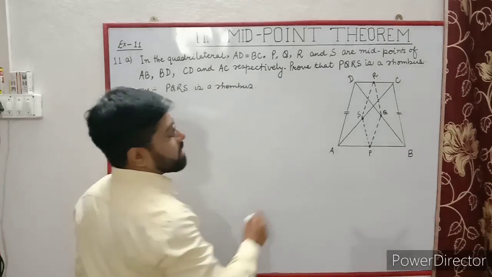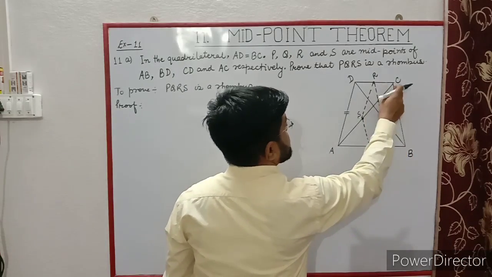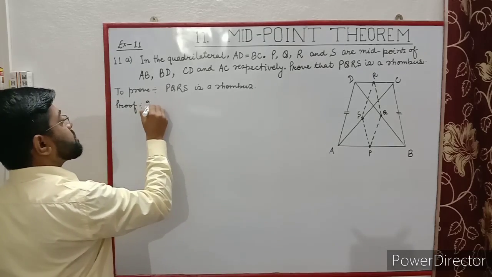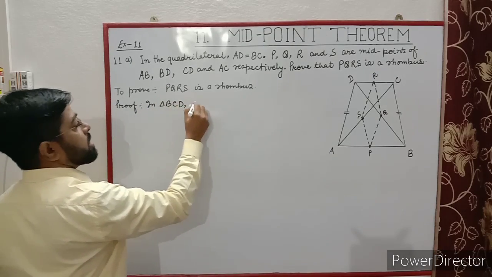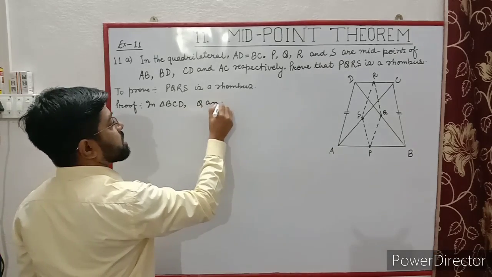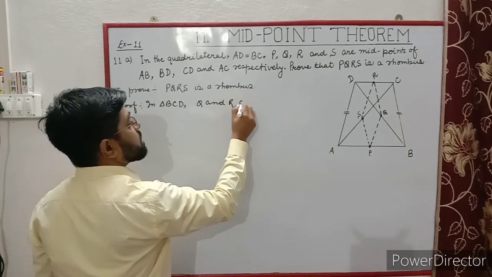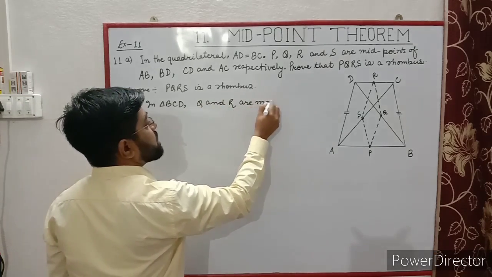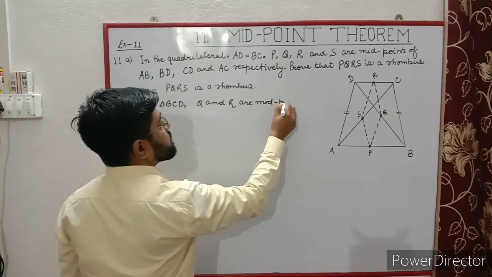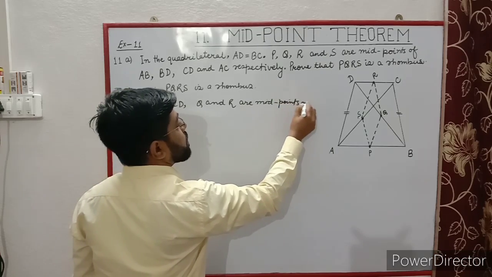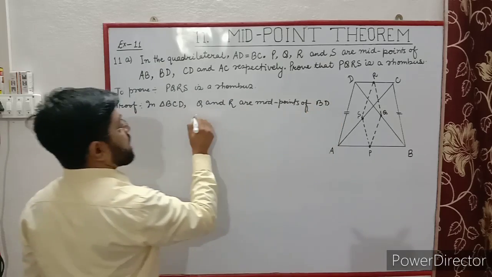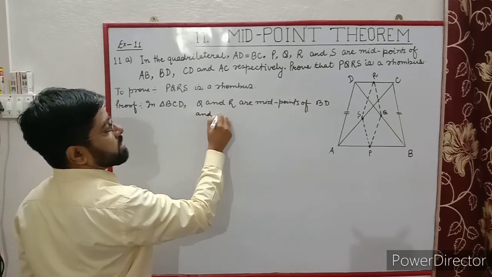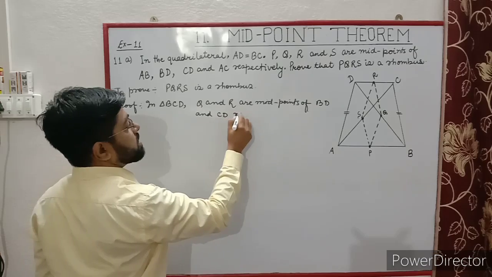In triangle BCD, Q and R are midpoints of BD and CD respectively.